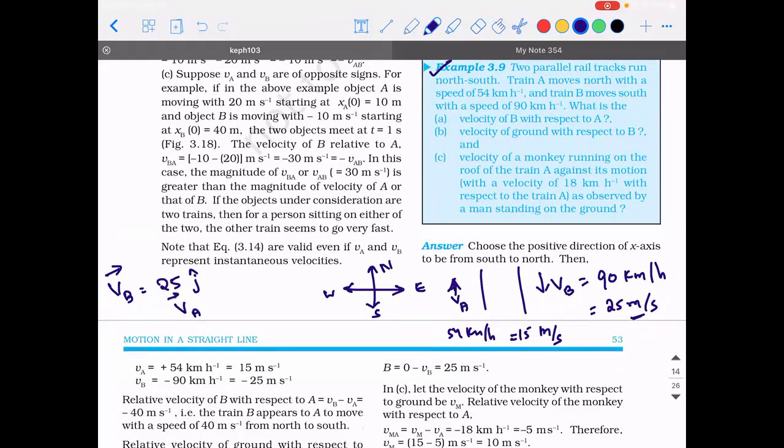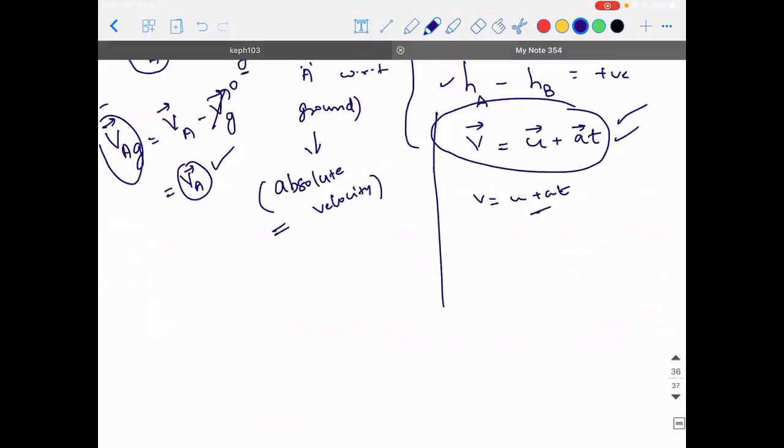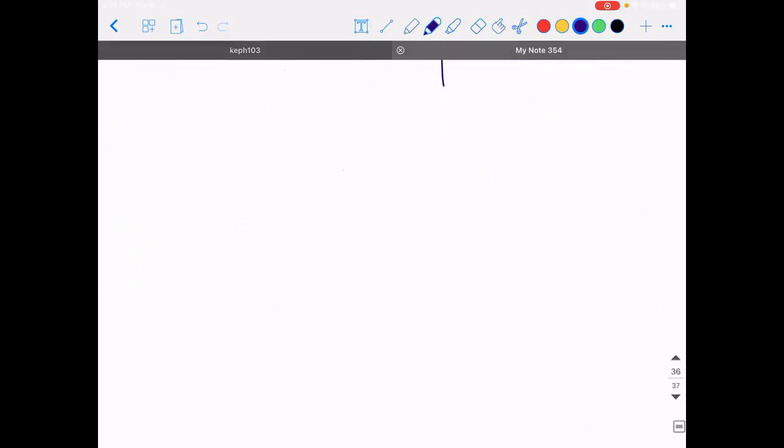Then velocity of A vector will be how much? 15 in the direction of minus J cap. So what is velocity of B with respect to A? It is velocity of B vector minus velocity of A vector. Wait, I'll write it in a fresh page. So this is the direction in which B is moving, which is 25 meter per second. And this is the direction in which A is moving with a speed of 15 meter per second.